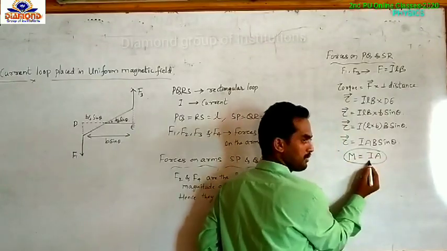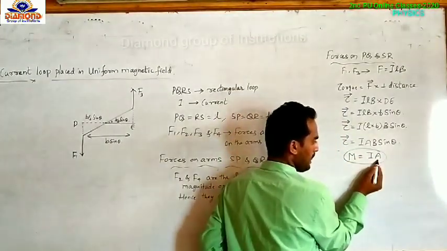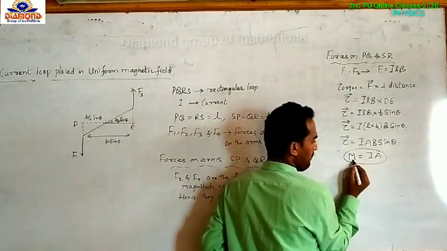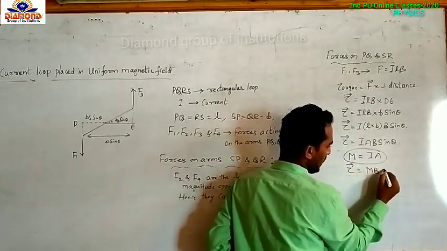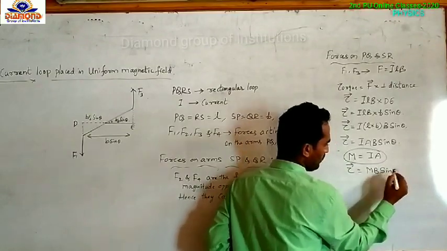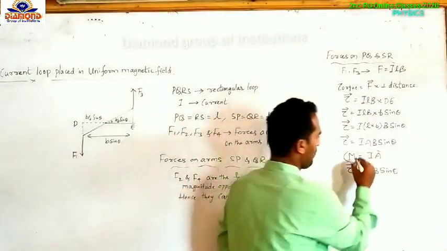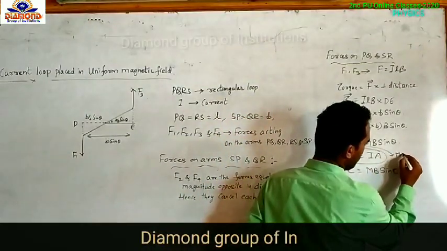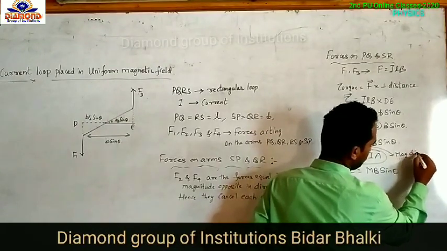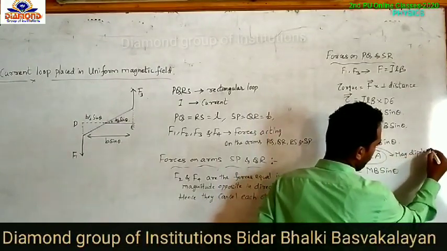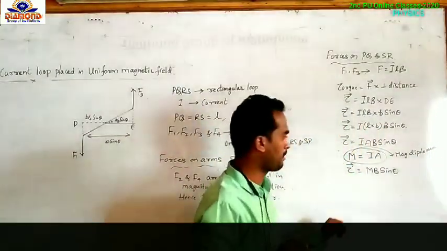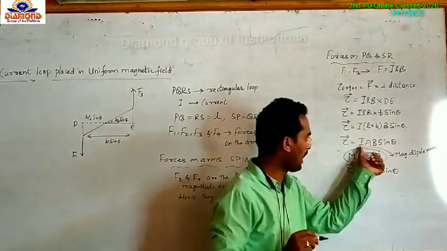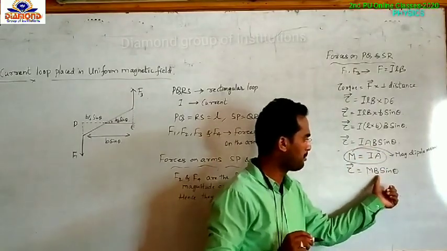So product of the current into area, we can substitute M value. So what the answer becomes? M B sin theta. M is called magnetic dipole moment. So I into A becomes M, B sin theta.